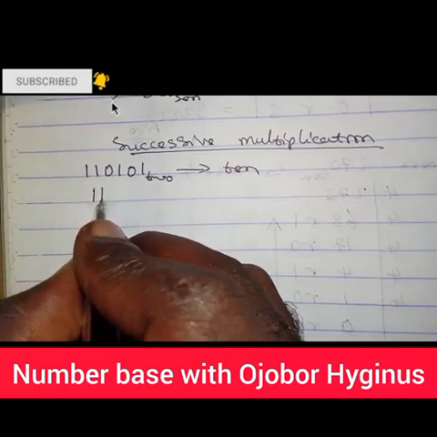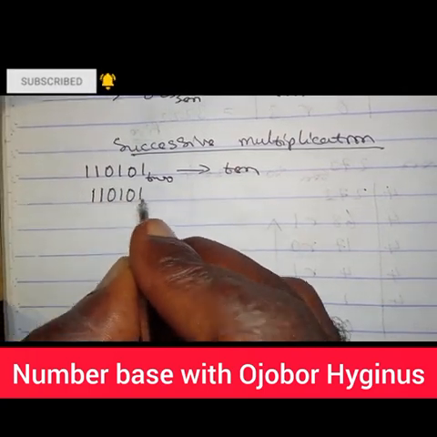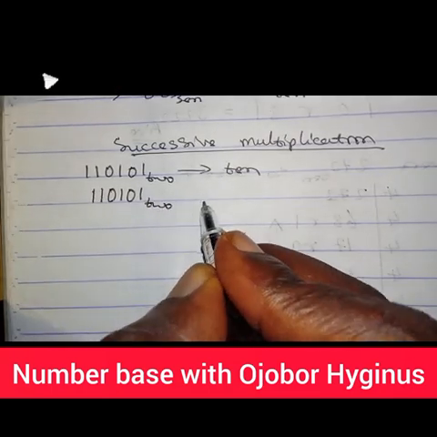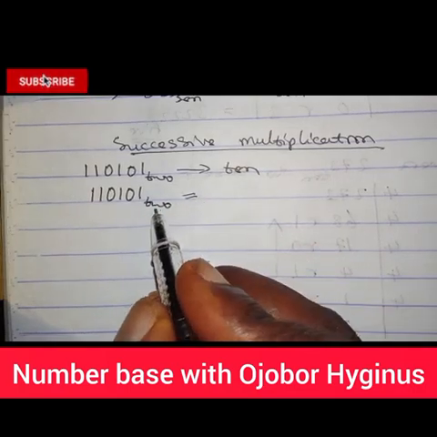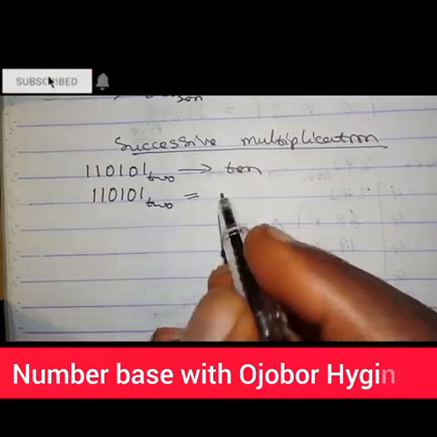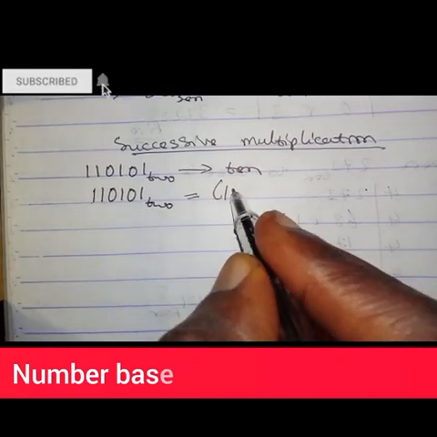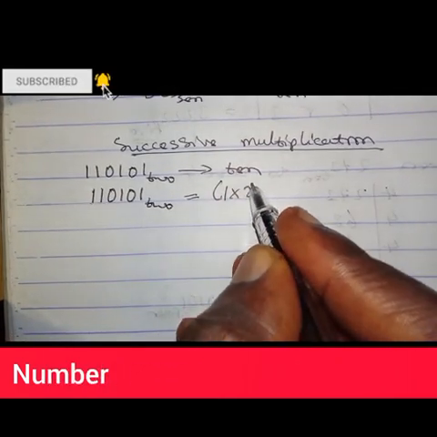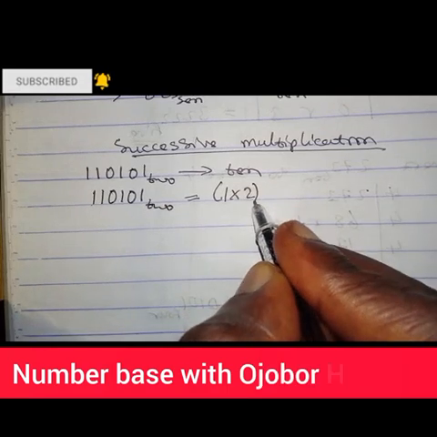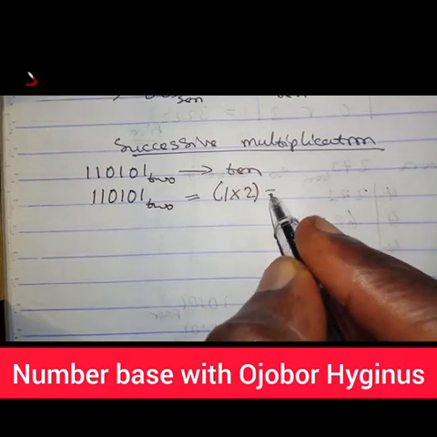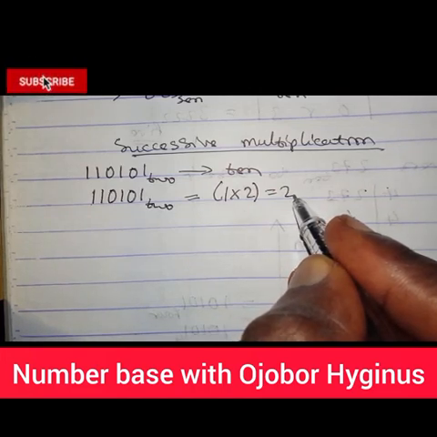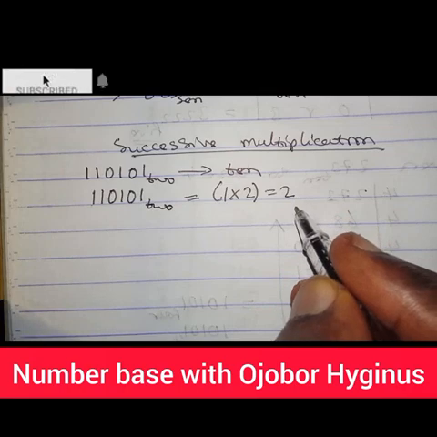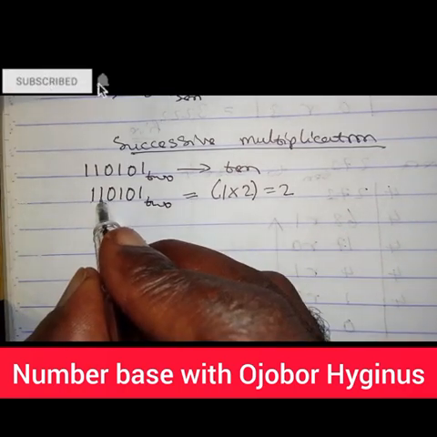Write the digits 110101 base 2 to be equal to, what you will do is now multiply them one after the other. The first digit, which is 1 here, times the base, which is 2, gives 2. Then you successively add the next digits to it.